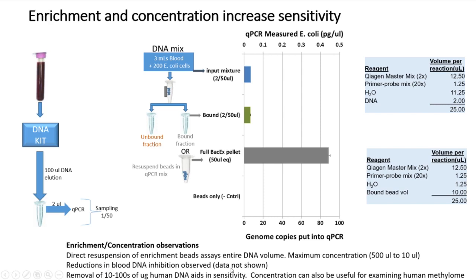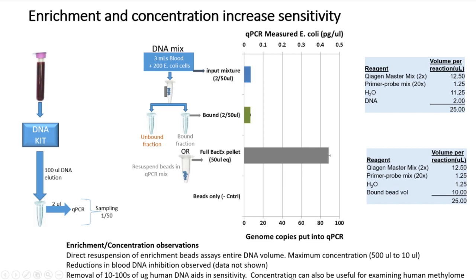That's a set of data that I'm not going to show you today, but it's sort of apparent. And certainly, we're removing hundreds of micrograms of human DNA. And as you saw in earlier slides, when you get rid of that human DNA background, you improve your sensitivity at low levels.